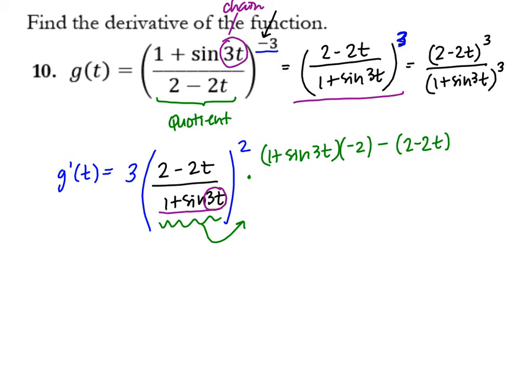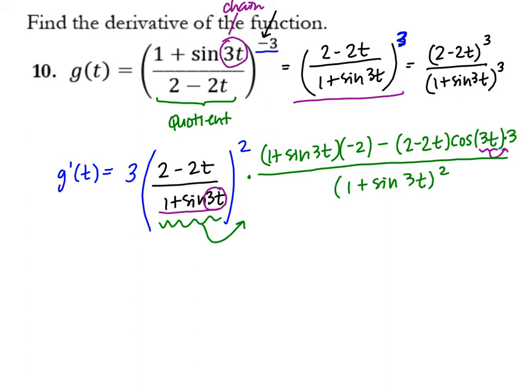So by the chain rule, the derivative of sine is cosine of 3t, and then multiplied by 3 because of the derivative of the inside. That all over the bottom squared, 1 plus the sine of 3t squared.